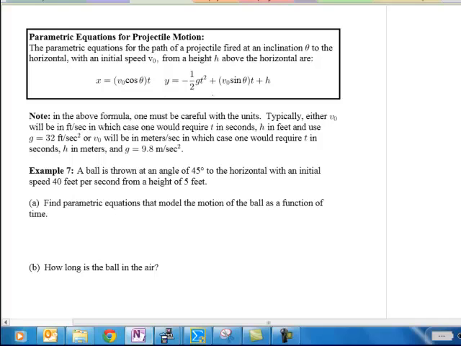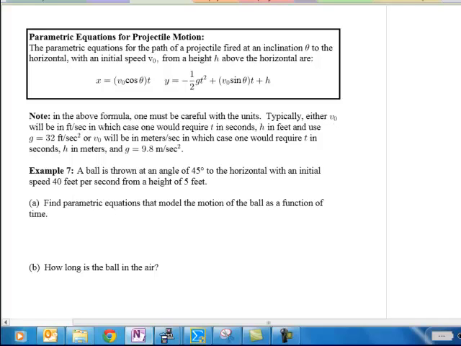So we're not going to prove these equations, but we'll just use them and solve applications using them. So what we've got here is, if we know the angle at which a projectile is launched, and we know its initial speed, and we know its initial height, then we can use these equations, but we really have to be careful with the units.